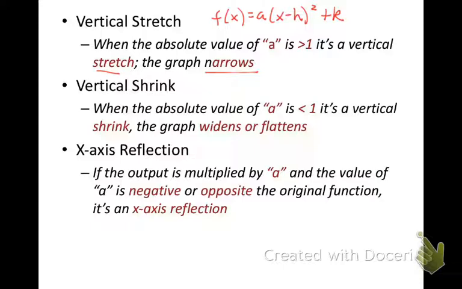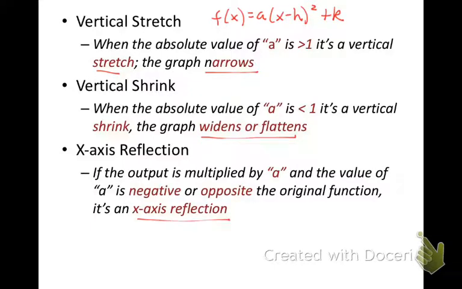When the absolute value of a, and what you need to fill in the blank is in red here, is less than 1, it is a vertical shrink. And then the graph, as you saw when we graphed it, widens or flattens. If the output is multiplied by a, and then the value of a is either negative or opposite of the original function, it's an x-axis reflection.